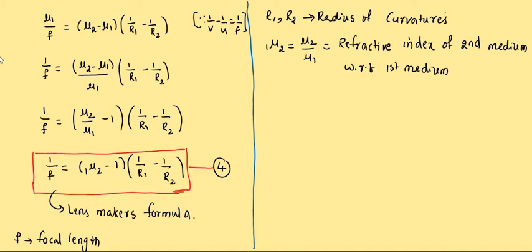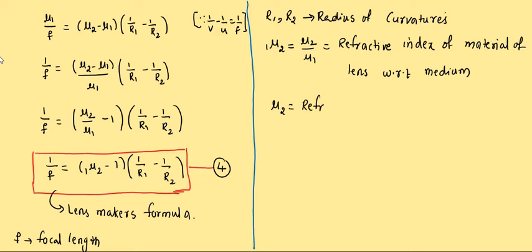But what is the second medium? The second medium is the lens. We write the refractive index of the lens with respect to the medium in which the lens is placed. That is, the refractive index of the material of the lens with respect to the medium. What is nu 2 here?